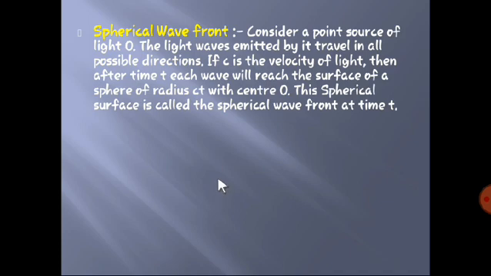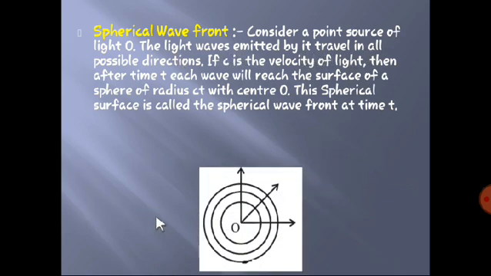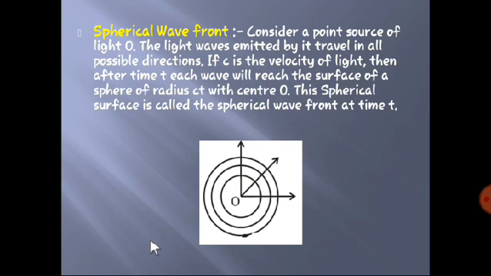What is a spherical wavefront? Consider a point source of light O. The light waves emitted by it travel in all possible directions. As the light wave travels, it must have some displacement, some distance covered in some time. Considering velocity as small c and time as small t, using the formula for velocity, which is distance upon time, we get distance equal to velocity into time.